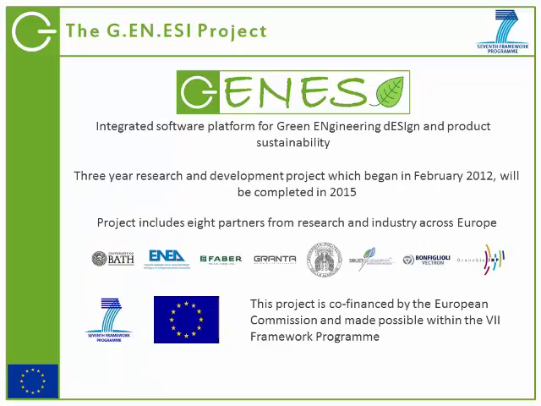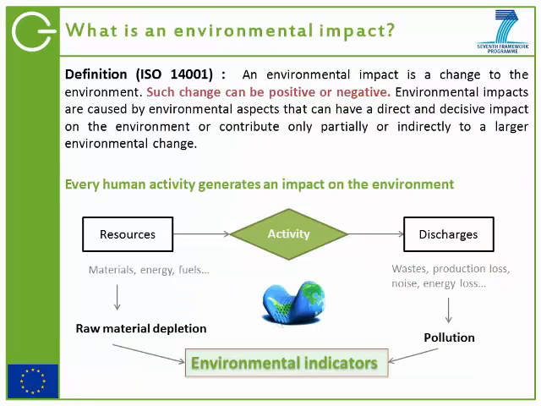This research project started in 2012 and involved 8 partners, 3 from academia, the University of Bath, Università Politecnica delle Marche, and Grenoble INP, 1 public institution, ENEA, which is the National Agency for New Technology, Energy and Sustainable Economic Development, and 4 industrial partners, Grant Design, Sibu Environnement, Faber, and Bongli-Fleol-Electron. It is co-financed by the European Commission.